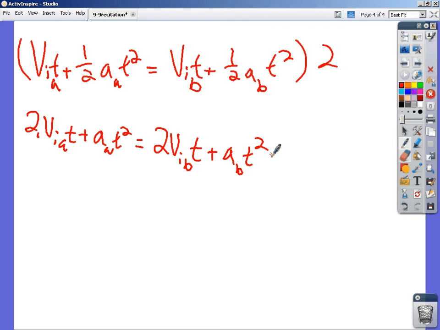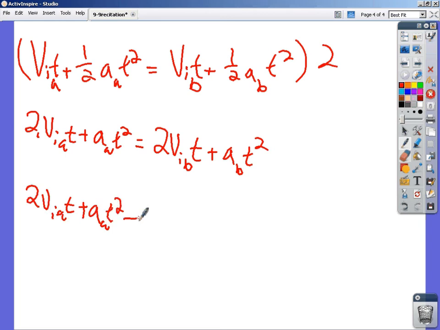All right, so we're going to move everything to one side. 2 v initial A t plus a A t squared minus 2 v initial B t minus a B t squared equals 0. So all I did is take this right here and subtract it to this side of the equal sign. Yeah, it's a lot of writing.